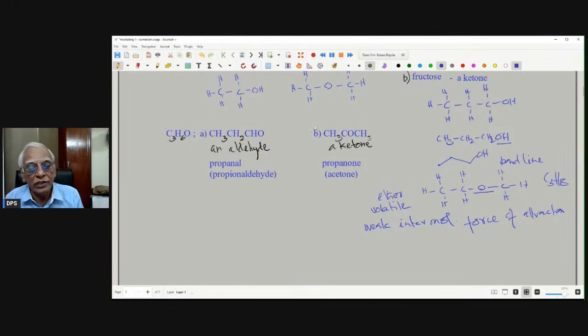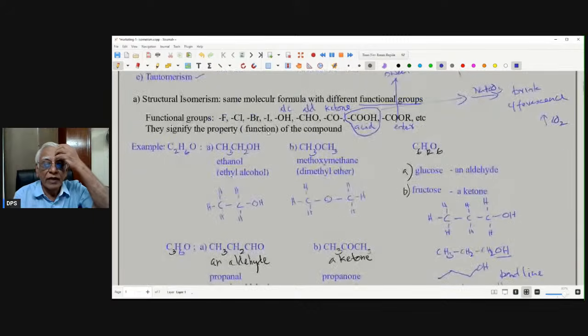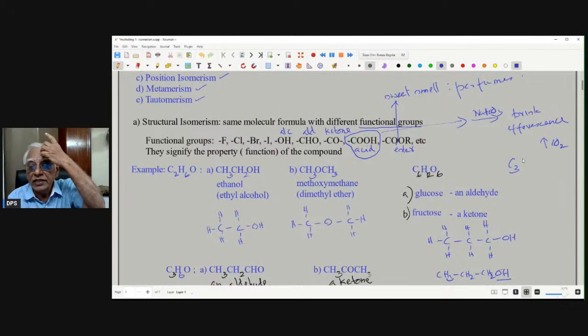Both of them have the same molecular formula, C3H8O. Sorry, please correct it, it should be C3H8O. In this case, it is right. In the previous case, okay. I was explaining to you C3H8O all around.